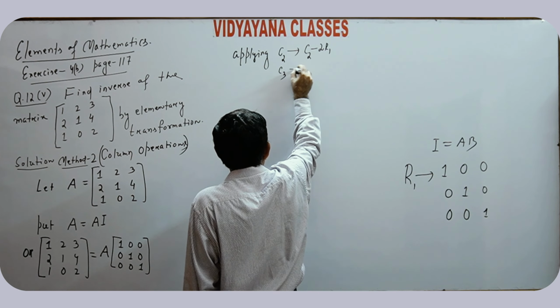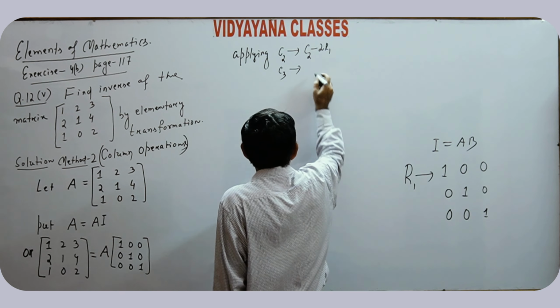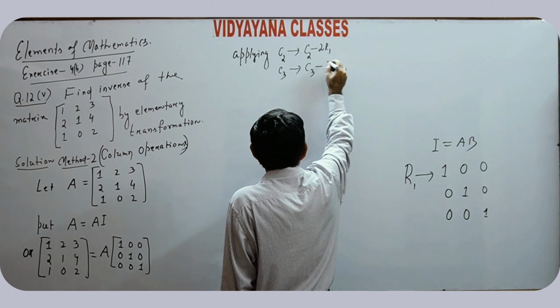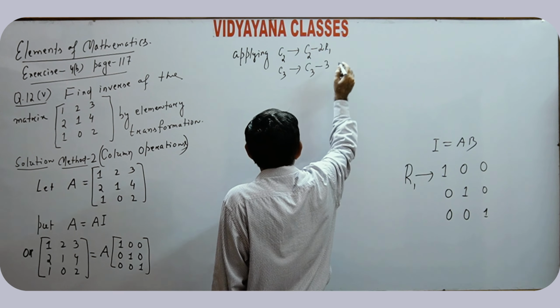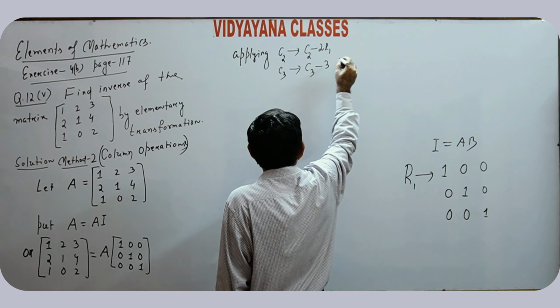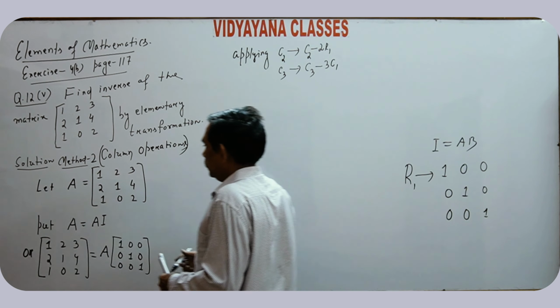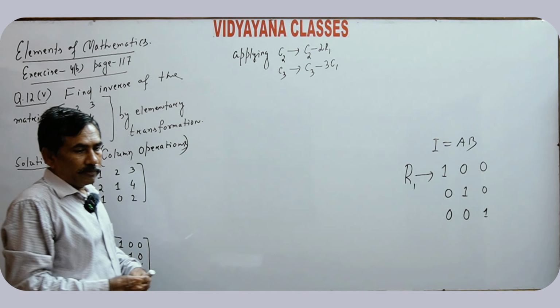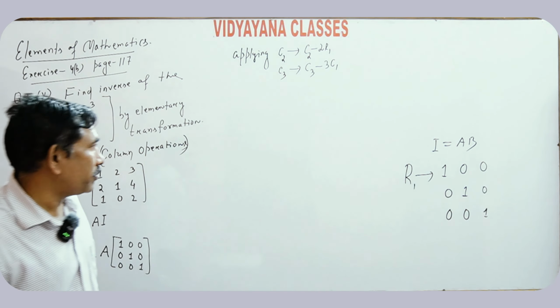Column 3 is replaced by column 3 minus 3 times column 1. We will change the elements of row 1 to 1, 0, 0. It is the first step using column operation.